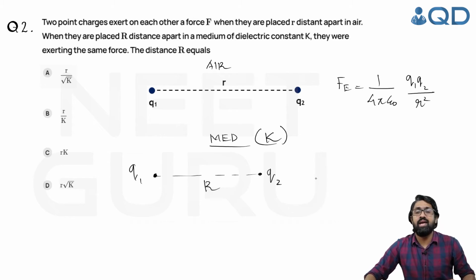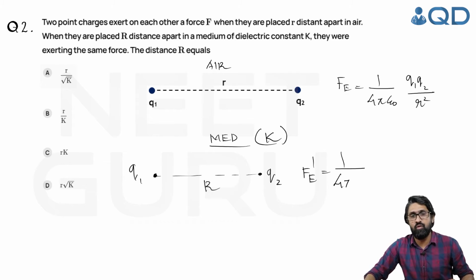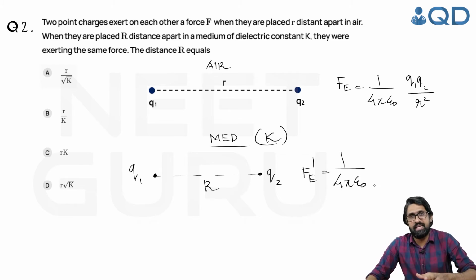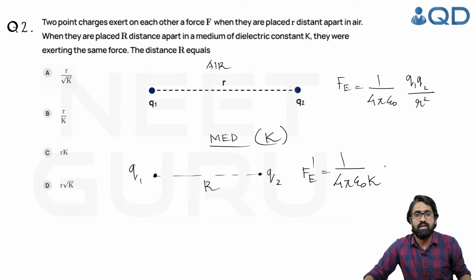Separation is capital R. In that case, the electrostatic force in the second case, Fe dash, will be equal to 1 by 4 pi epsilon naught epsilon R, which here is K, which is basically the dielectric constant. Relative permittivity is exactly what you mean by the dielectric constant. You have K here, and then you have Q1 Q2 divided by capital R square.